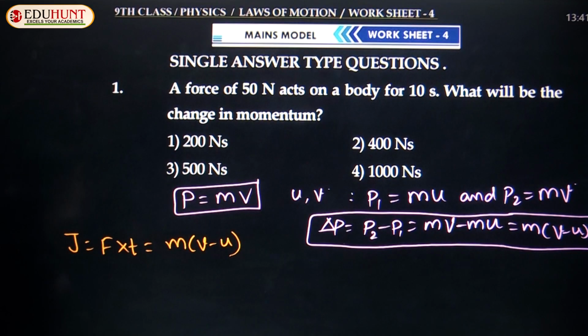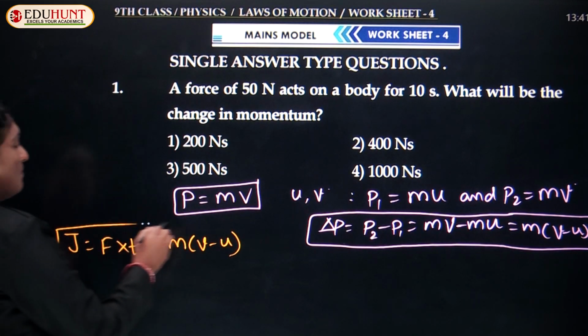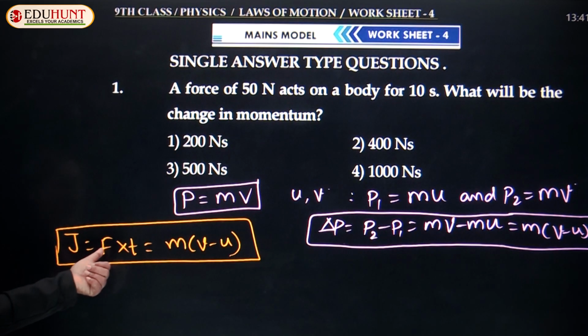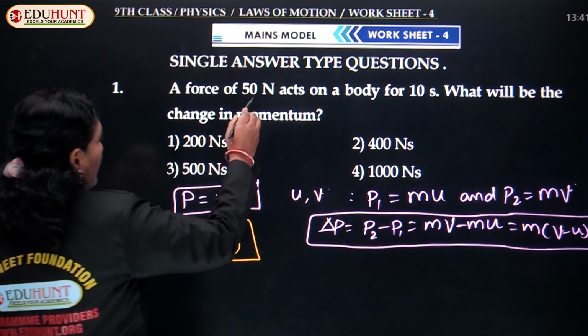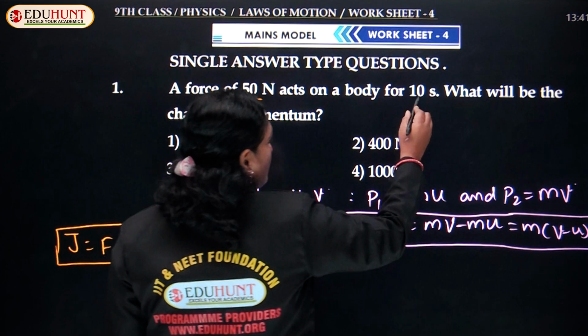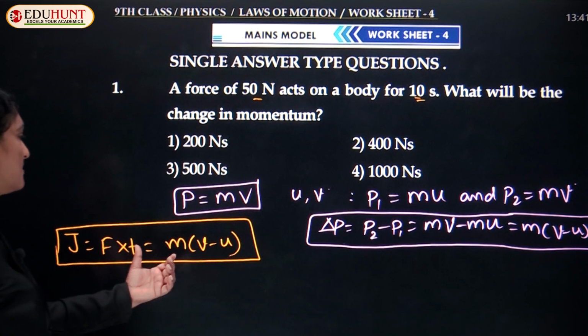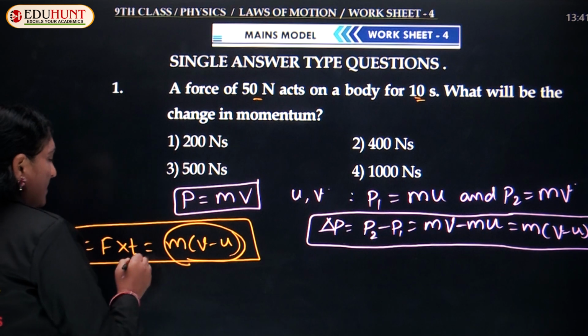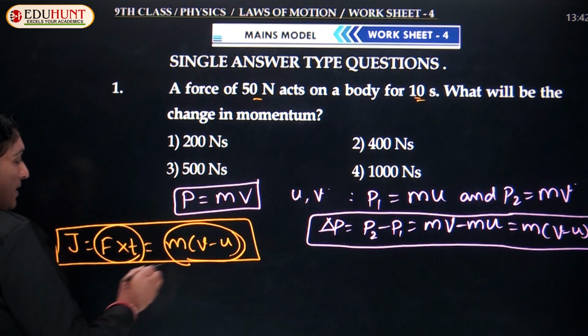Just now we discussed, because F equals m(v minus u) by t, into t gets cancelled, you are left with m into (v minus u). So now what is given? Force is given as 50 newtons and time is given as 10 seconds, and you are asked to find the change in momentum. Here is the product of force and time.